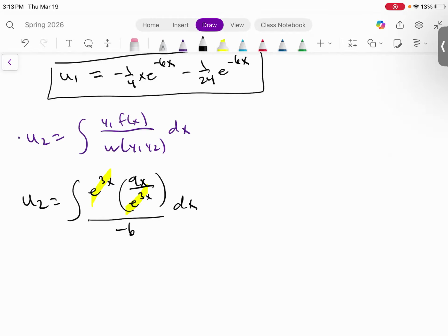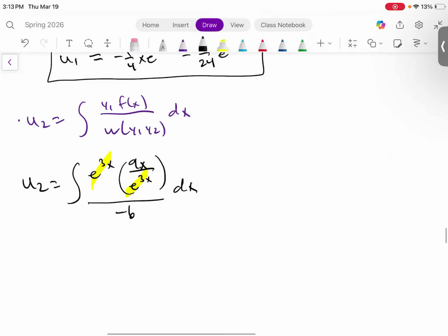And so what I'm left with, let me take out those constants, negative 9 over 6, it's just the integral of x dx. So that's quite simple. So negative 3/2 times x squared over 2.